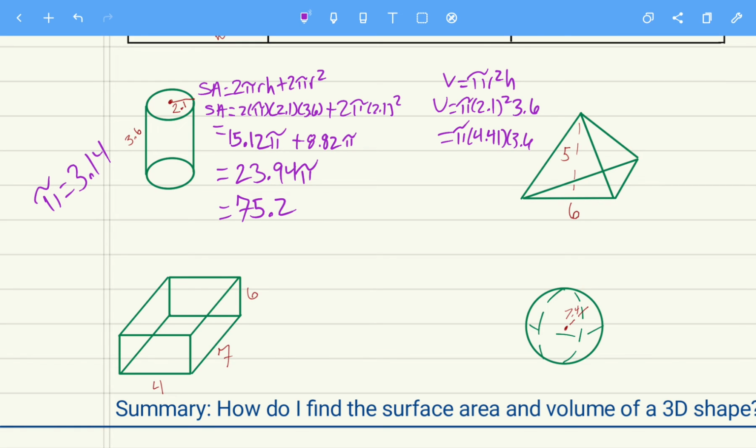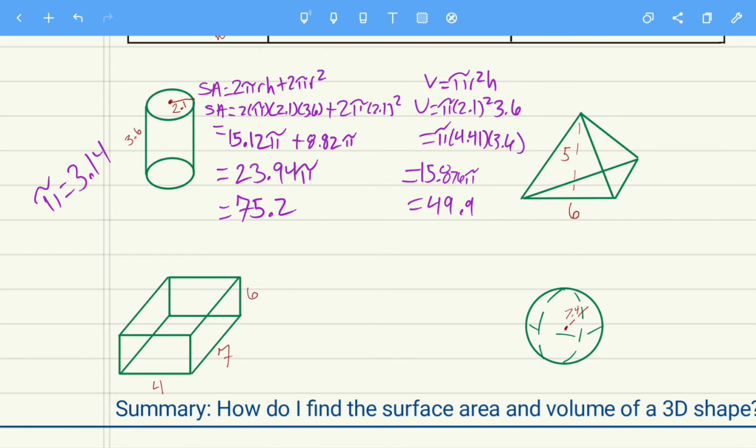So we get pi times 4.41 times 3.6. Multiply that, we get 15.876 pi, which you could leave, or you could multiply by pi to get 49.9 as your volume. But here we go. We got our surface area and our volume for the cylinder.